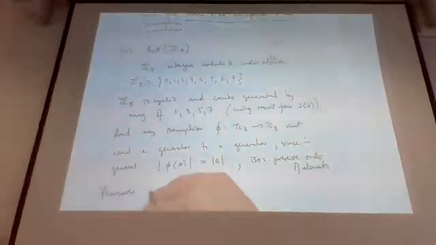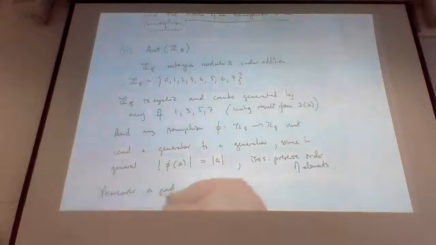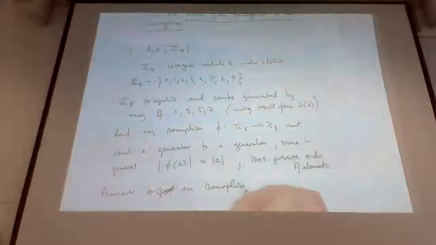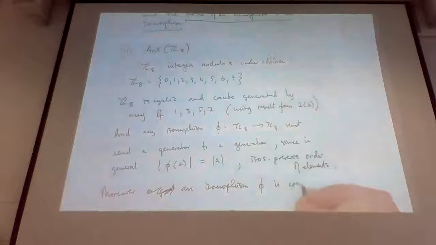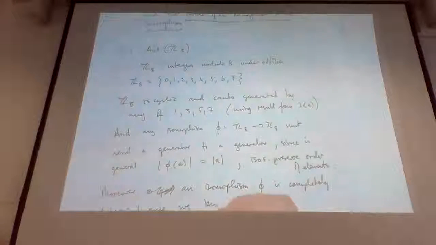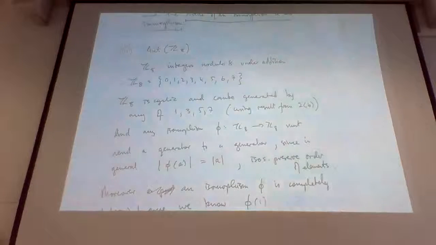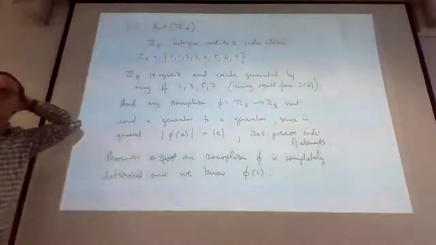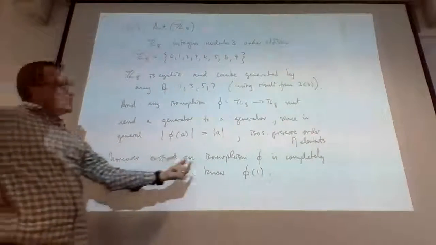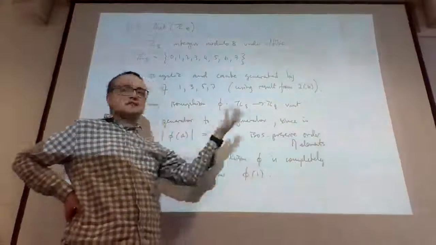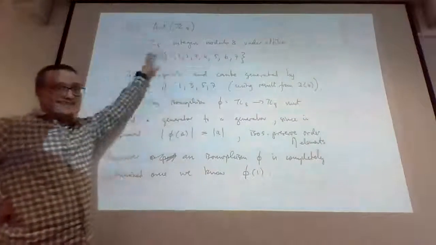Moreover, an isomorphism phi is completely determined once we know phi of 1. Why is that? 1 is a generator of the domain, Z8. So once you know what phi of 1 is, every element in Z8 is a power of 1, or in this case, we use the word multiple because we're in an additive group.